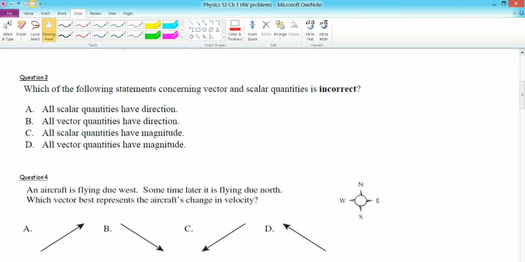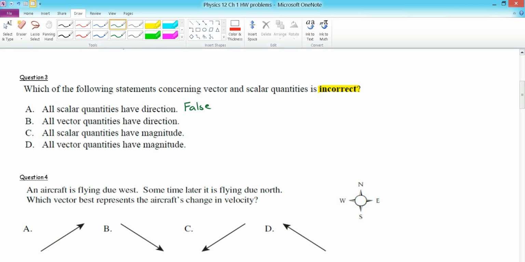All right, so question number 3. Which of the following statements concerning vector and scalar quantities is incorrect? Incorrect. So we're looking for a wrong answer. All scalar quantities have direction. So that is actually false. Scalars have magnitude only.